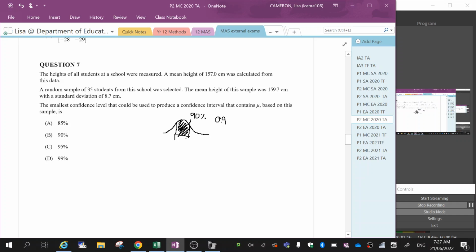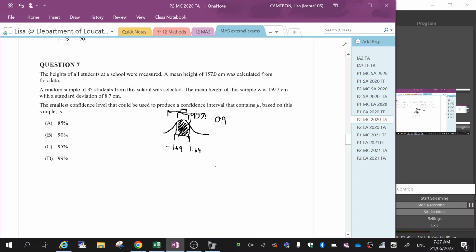Now, if this correlates to z-scores of, let's say, negative 1.64, and this is 1.64, if I want to test whether or not something is going to be included in the sample, I need to make sure that it's within this range. Okay, so that means I can go larger to make sure all of those values are still included. But if I go smaller, then I might be missing some of those values. So we want to go larger.